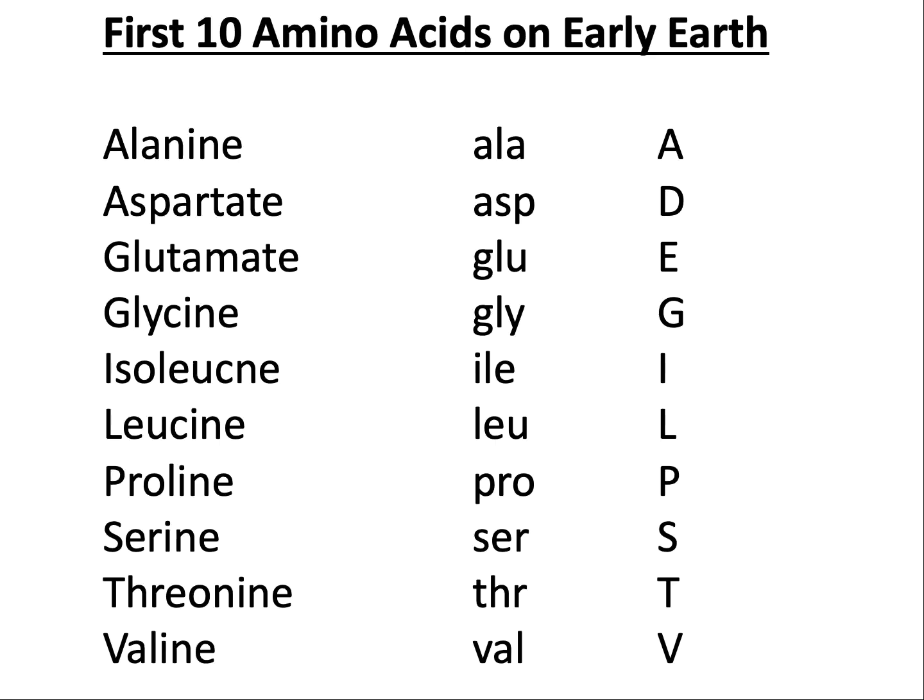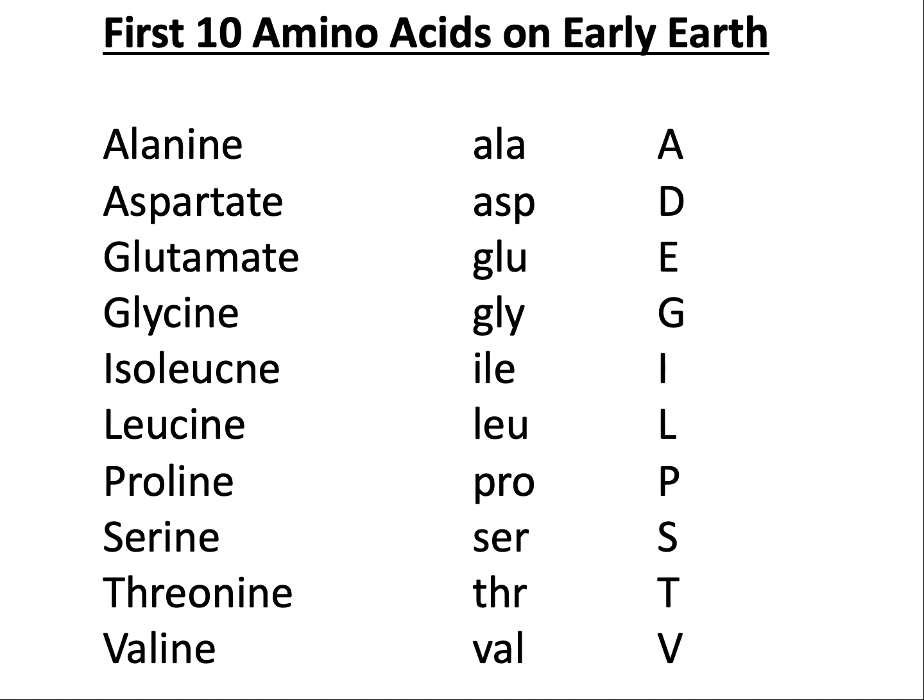And so in both of those cases, there are 10 amino acids that appear to have been produced abiotically, that is, without any biological help, under early Earth conditions or coming in on meteorites. And that's alanine, aspartate, glutamate, glycine, isoleucine, leucine, proline, serine, threonine, and valine.